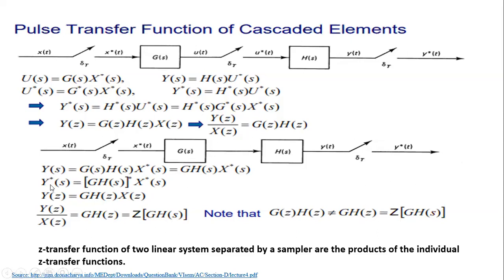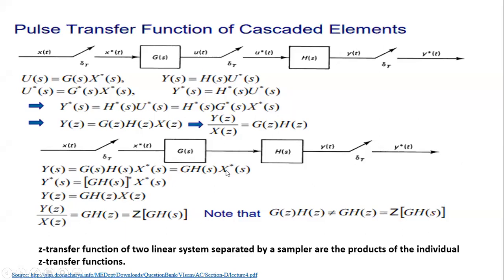So what is it that I have? Y star of s will be gh star of s into x star of s. So do you understand this, that again if I end up taking star of this particular function, when one function inside it is already starred, it will be equal to the product of two starred functions. I repeat the sentence.